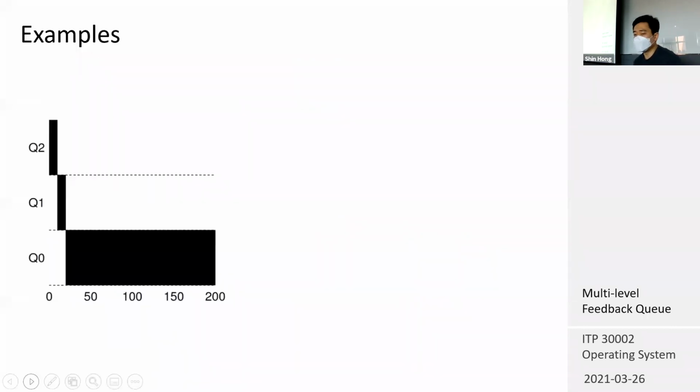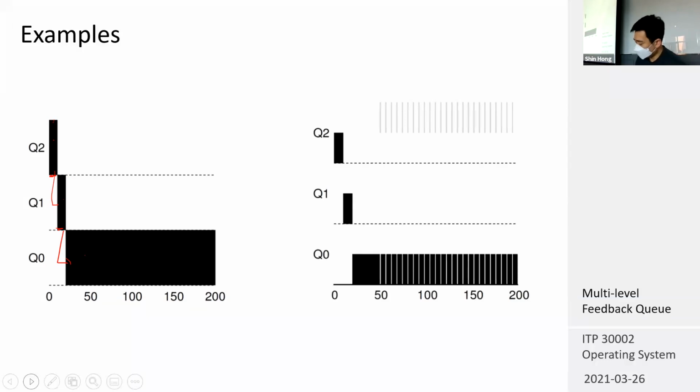Before discussing the limitations, let me show you an example. This black one means a certain process. It starts from the highest priority queue and its time slice expires, so it moves down to a lower level, expires again, and just stays in the lowest priority queue. And here's another picture with two processes, black and gray.